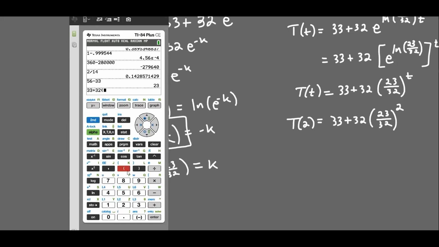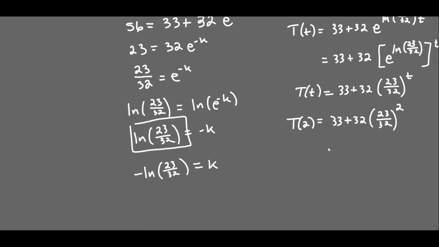This is the final answer. And I get 49 point, it said to round to 2 decimal places, so we'll say 49.53 degrees.